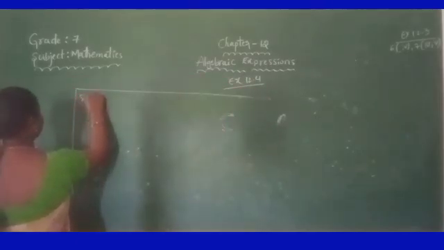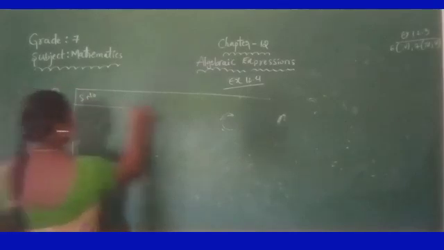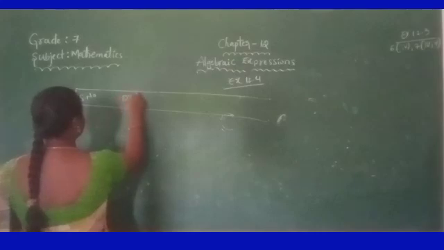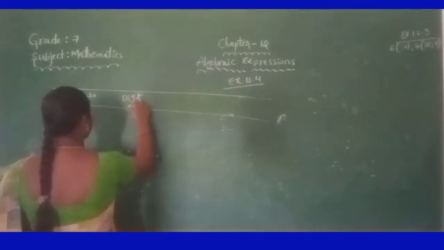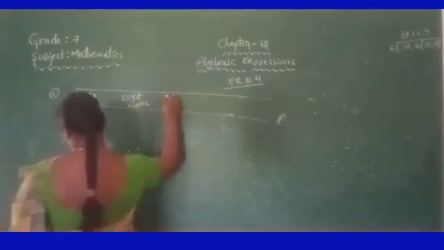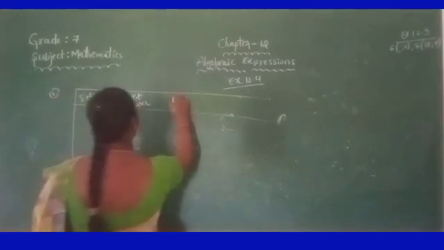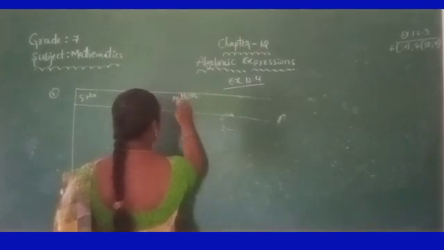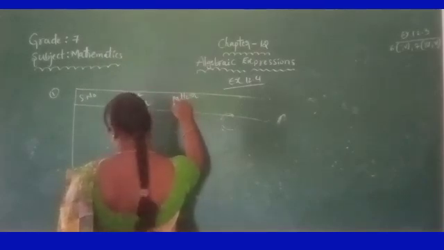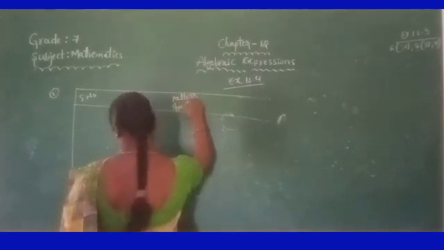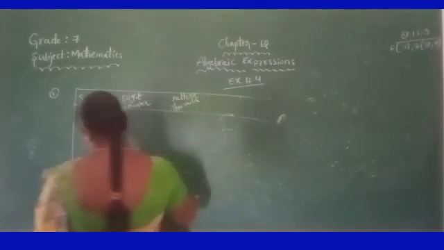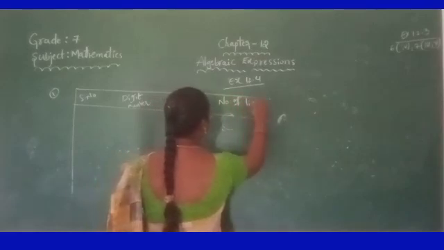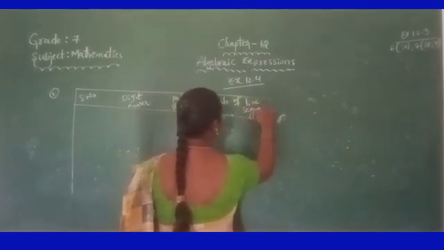First, the serial number. Then we need the digit number. What is the digit number? And the next one, the pattern. What is the rule for this number? Pattern formula, and the next, number of line segments.